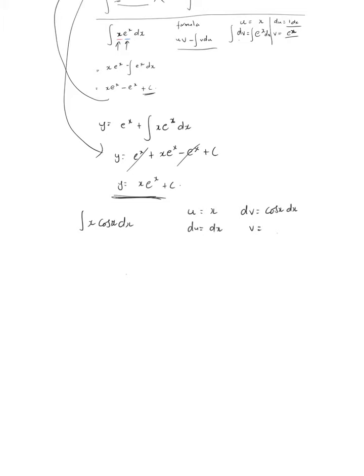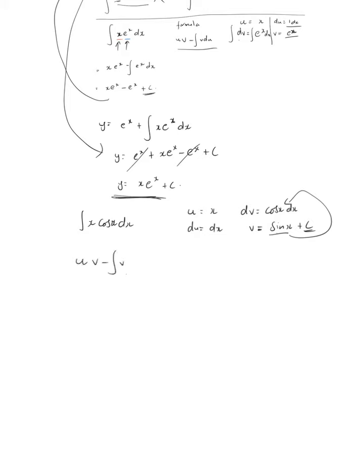And v has to be, so we have to integrate cosine of x, right? The integral of cosine of x has to be sine of x plus c. But we don't care about this for now, okay? So how do I know that? You know that if you differentiate sine of x, you get cosine of x, okay? So straightforward. All right, now let's plug in the formula.